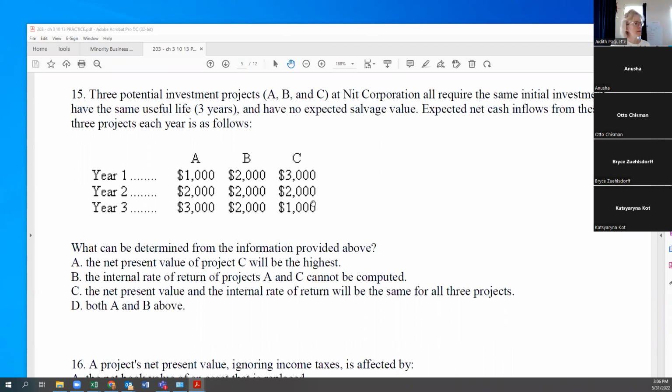All right. So what can you say about these 3 companies? What do they have in common? Go ahead and throw it in the chat. I mean, these 3 projects, A, B, and C, what do they all have in common? They have the same initial investment, which we don't know what it is, but that's just equal. But what else do they have in common about their cash inflows?